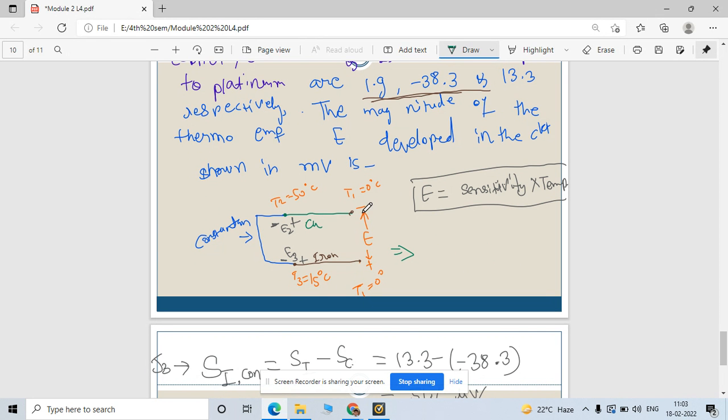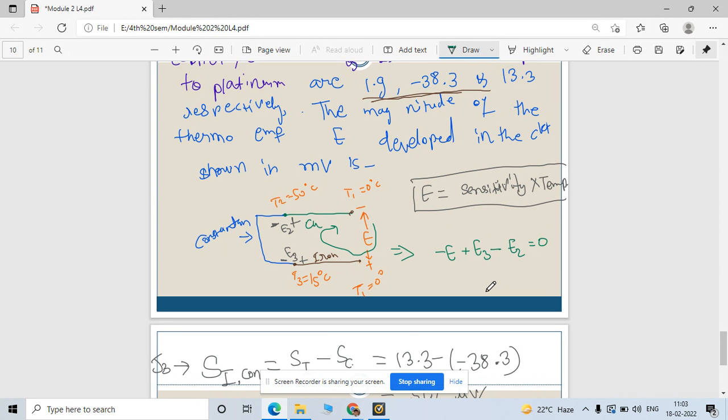Okay, consider first polarity from this. Current flowing from that, for example. So this is your minus E1 minus E and plus E3 plus E2 minus E2 equal to 0, right?